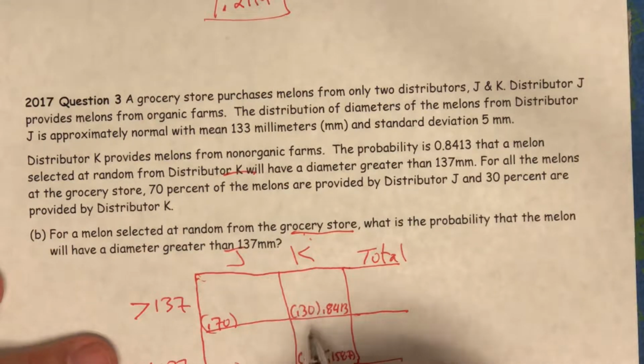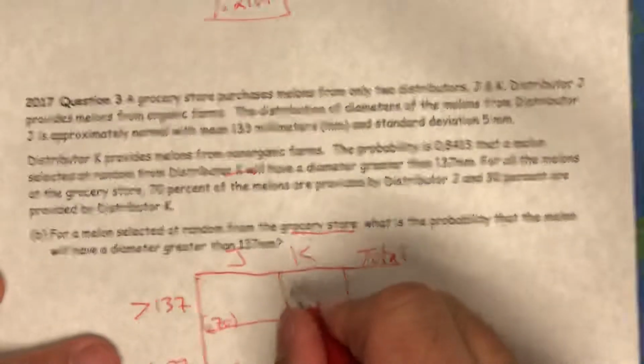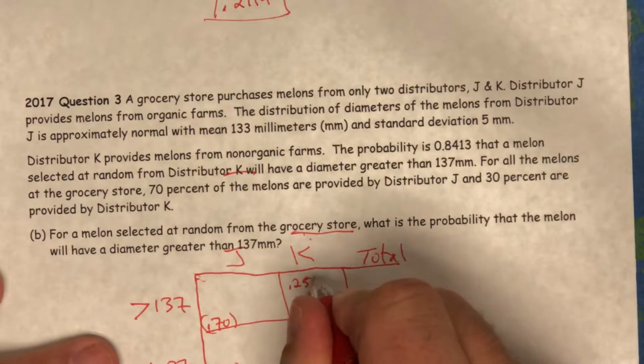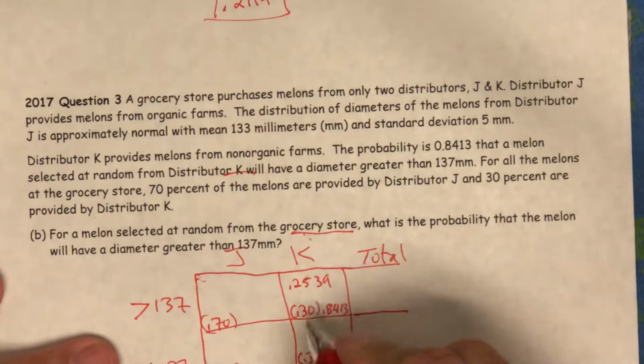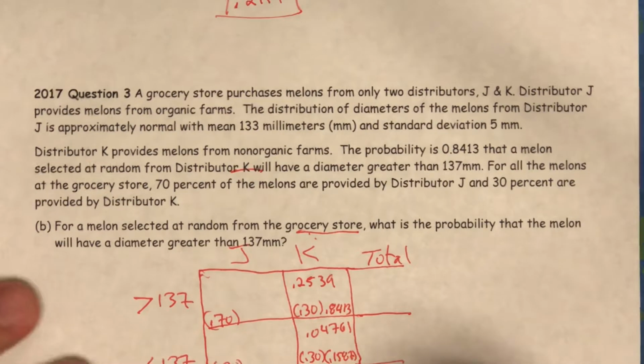I can go ahead and multiply those values together, and when I do that, this becomes 0.2539, and this becomes 0.04761, and they should add to 30% if I've done my work right.